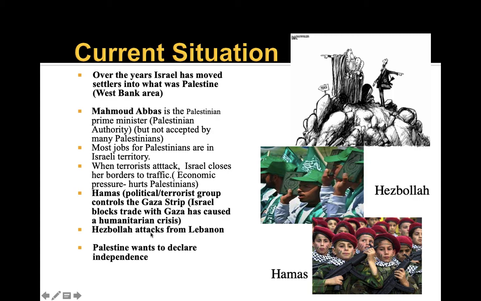There are continued attacks from other Palestinian terrorist groups like Hezbollah that have continued to attack Israel because they believe that the Israelis are not doing enough to allow the Palestinians to exist and to have an independent country. Basically, the Palestinian Arabs want to have their independence, and they want the land that was given to them by the UN back in '67 back from Israel.